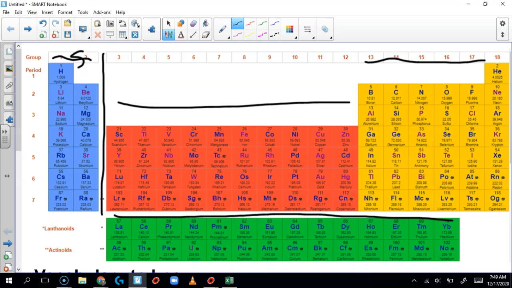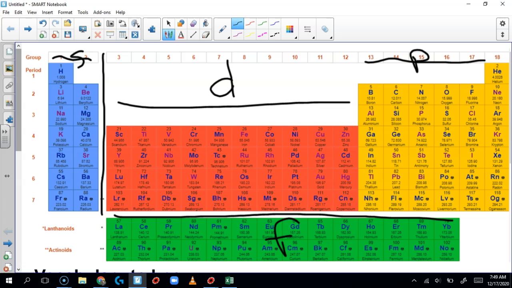That's called the S block because we learned about electron configurations, and the S block is where the S electrons are. The P's, this is the P block over here, because again that's where the P electrons are. This is the D block, and then down here this is called the F block. Those are different blocks of the periodic table, and when we say block, we mean chunk.